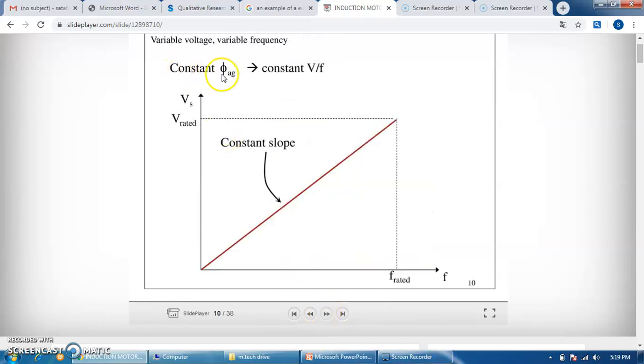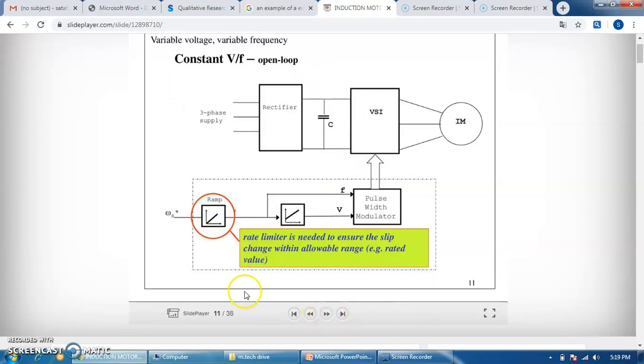That means constant flux, rather to say constant voltage by frequency, that is equal to V rated by frequency rated, that will be having a constant slope, constant increasing value, and depending on this procedure, we are making this voltage frequency open loop. Here is a three-phase supply that is connected across the rectifier.